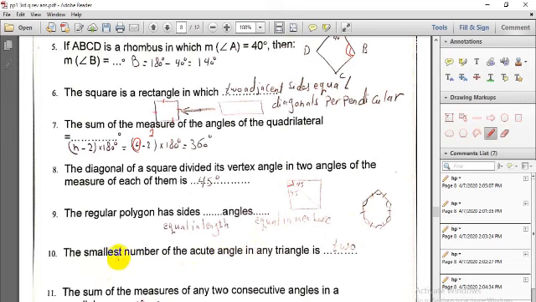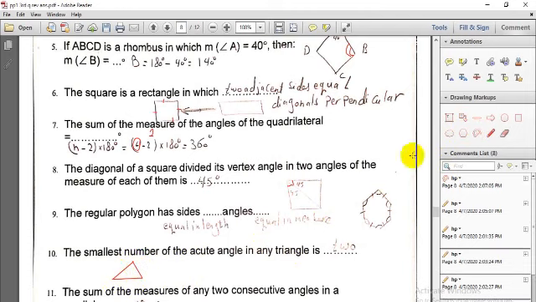Now, the smallest number of acute angles in any triangle is... let's remember the triangles together. If I have an acute angle triangle, how many acute angles? I have 3 acute angles.